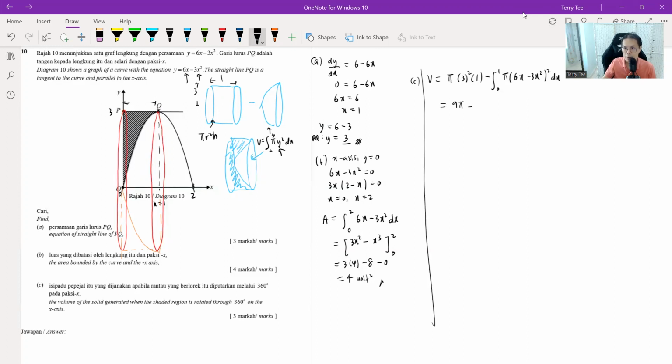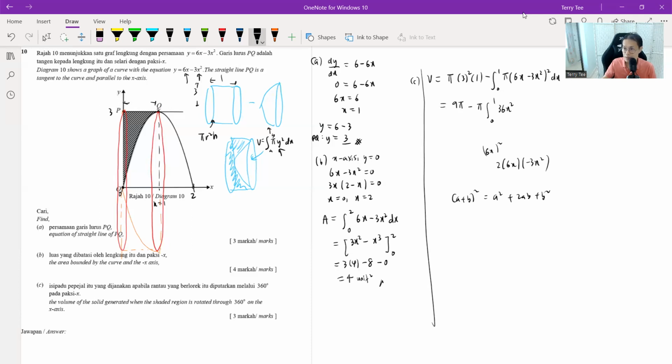9 pi. This one, you take out the pi, 0 to 1. 6x, if you square it, is 36x squared. I need to expand like this. I hope you know this is a plus b squared, which is a squared, 2ab, b squared. My a is 6x.